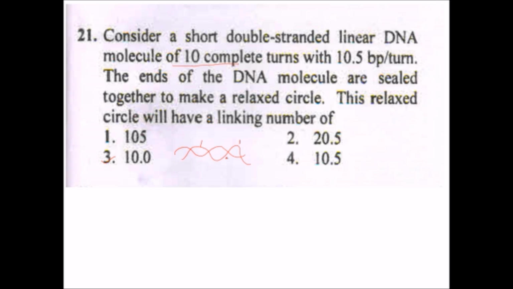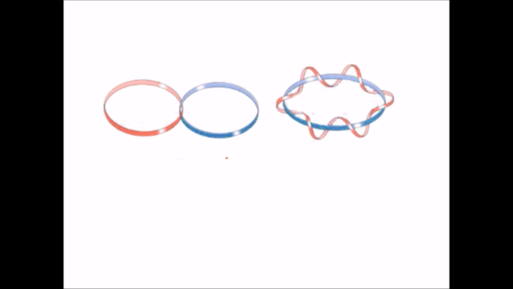Why don't we prepare more questions about the linking number in detail? Here I have two figures, figure 1 and figure 2. In the first figure, the linking number is 1, and in the second figure we have linking number 6. Here you can easily visualize that one strand and the second strand cross each other only one time.